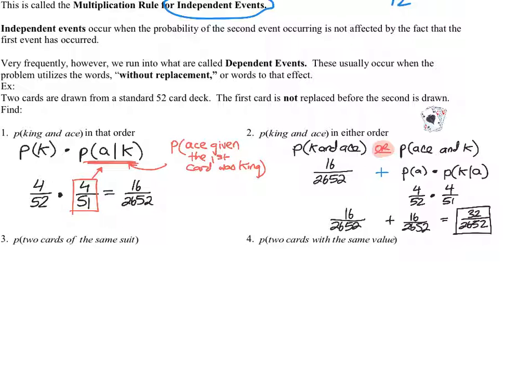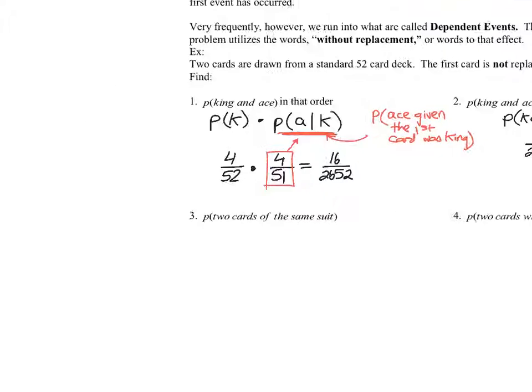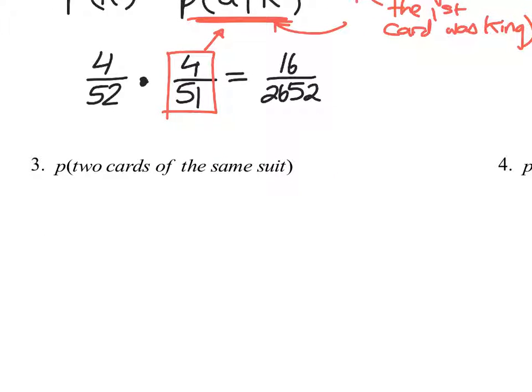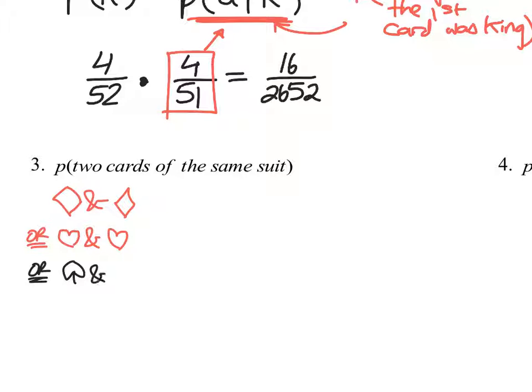All right. So number 3, 2 cards of the same suit. All right, so that's telling me that I'm looking at, well, for a deck of cards, we're dealing with a pair of diamonds, diamond and diamond, or heart and heart, or spade and spade, or club and club.